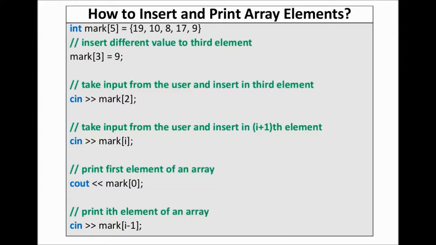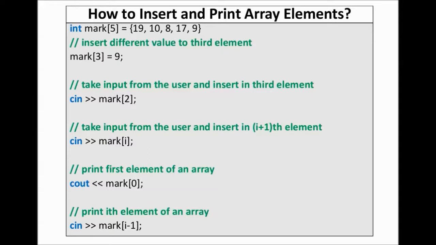If we want to change the value of the third index, that is 17, we may write it as marks[3] = 9. Now our int marks[5] array becomes the values 19, 10, 8, 9 and 9. Similarly, we use the cin object to assign new values to any element of the array.